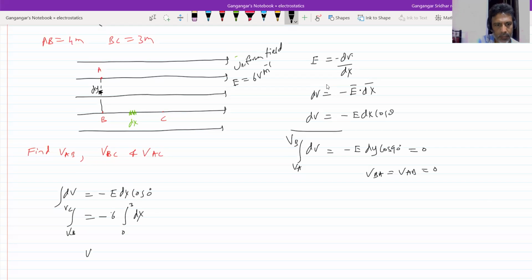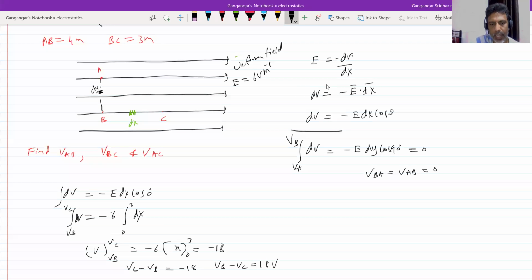So VC minus VB equal to minus 6 times 3, this will be minus 18. So VB minus VC is equal to 18 also. That shows who is at higher potential? B, no? And since VA equal to VB, therefore VAC is also equal to 18 volt.